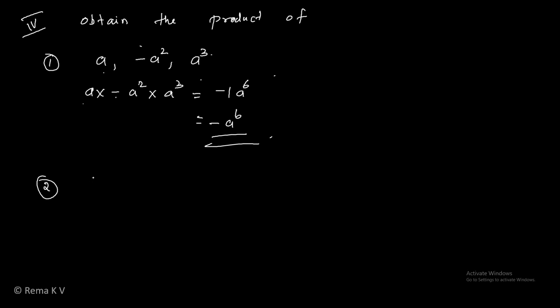Now try one more question. 2, 4y, 8y square, then 16y cube. 2, 4y, 8y square, 16y cube. First we have to multiply the numerical coefficients. 4y into 8y square into 16y cube.